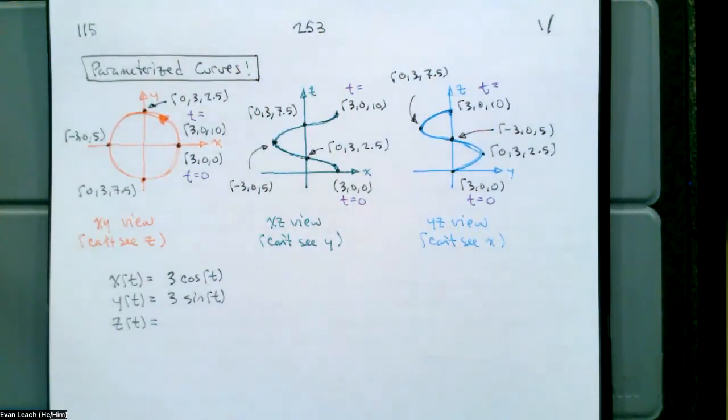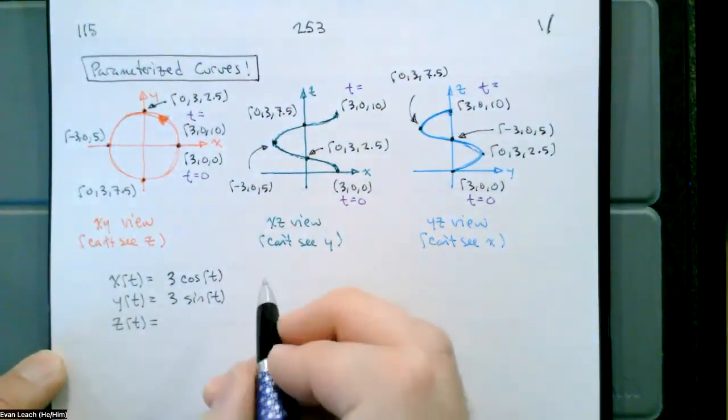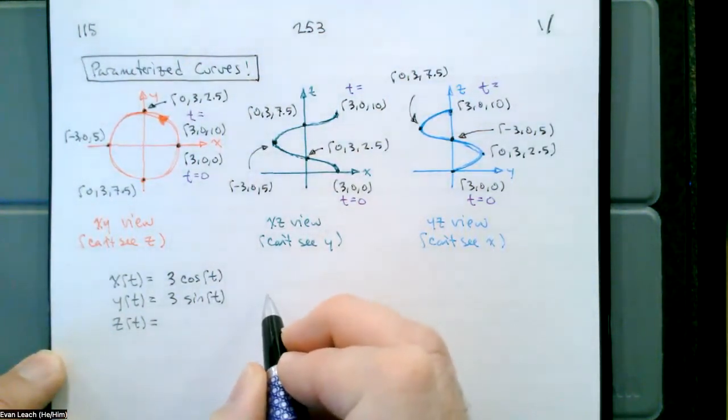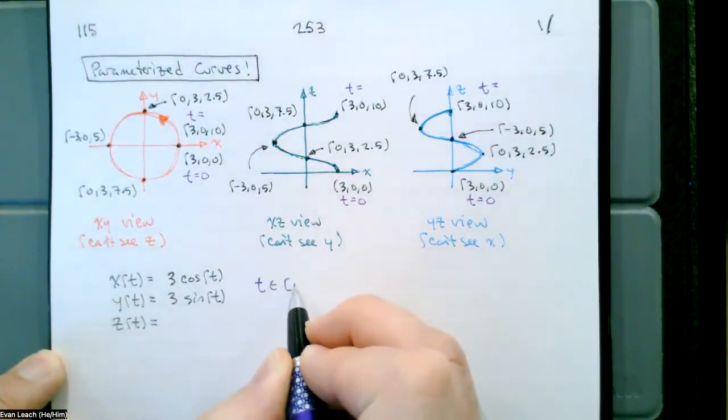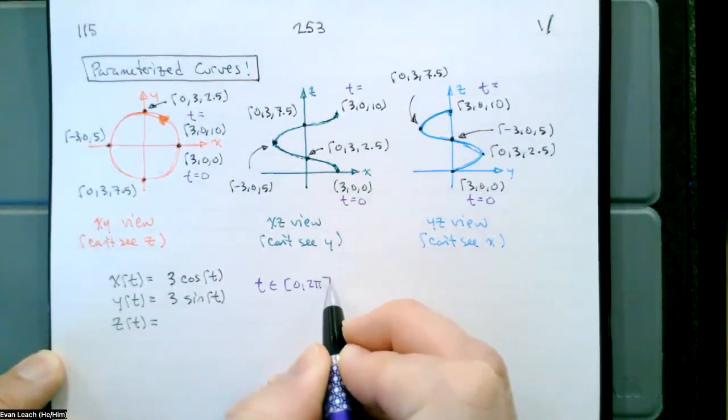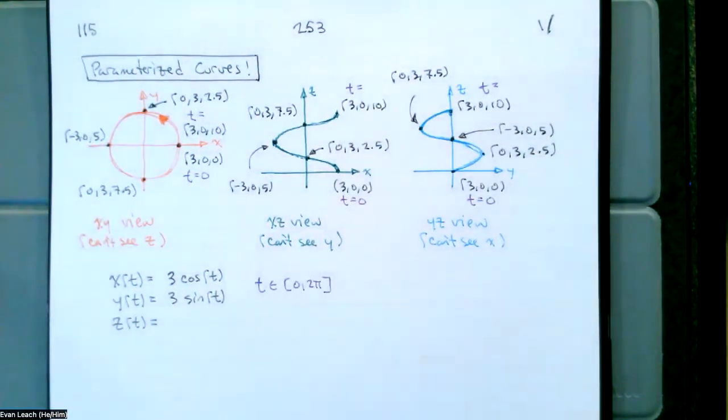Furthermore, to get a circle that goes around one time, to get this one spiral going up, we know that for this part, we need to make t go between 0 and 2 pi. If x is 3 cosine t and y is 3 sine t, for t between 0 and 2 pi, that will get us one circle, going around once counterclockwise.